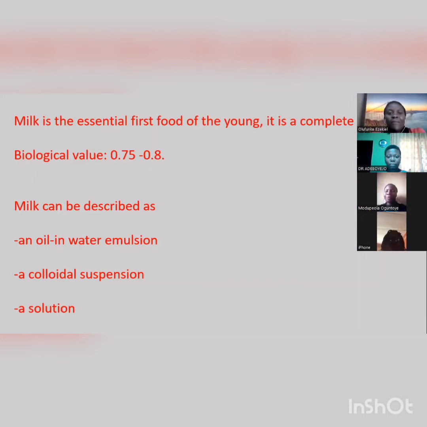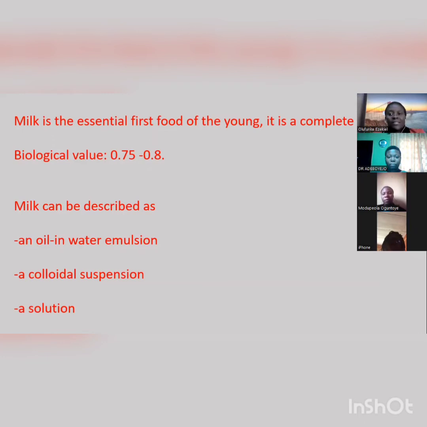So essentially, milk is the first food of the young, and it is a complete meal. When I say complete meal, it contains all the nutrients that are associated with food, and it has a high biological value of 0.75 to 0.8, and that makes it a very good protein source.